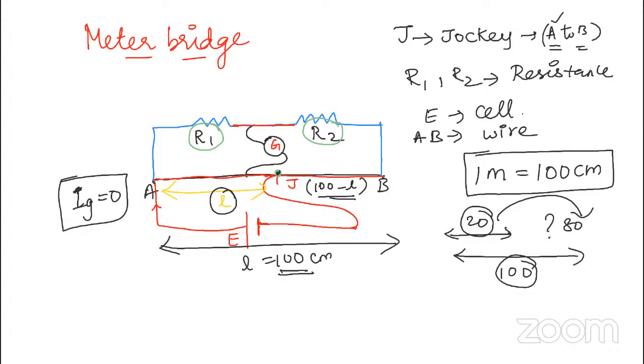So from this we have to write the formula. How do we write the formula? Here there are two resistances, R1 and R2.